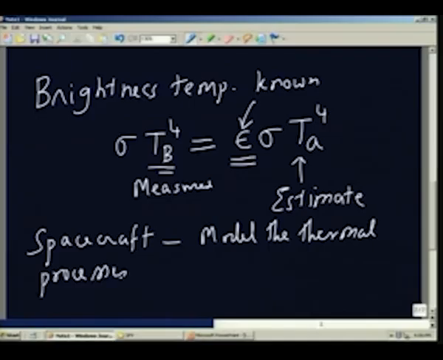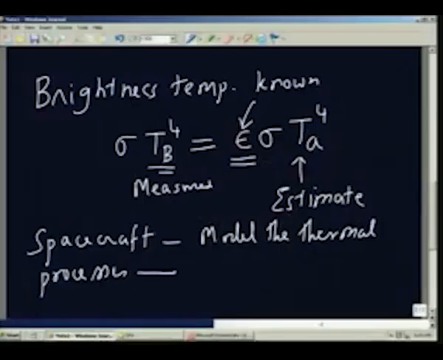The spacecraft may be generating heat inside because of some process which is taking place, some electronic equipment may be there, and so on. So, you want to keep the spacecraft at a desired temperature level. So, we have to model the thermal processes.